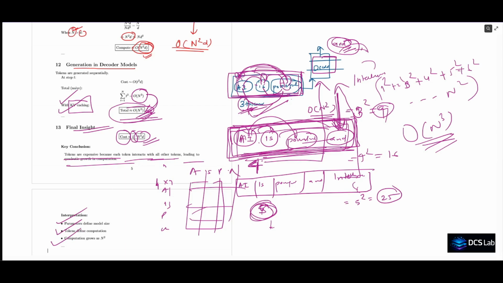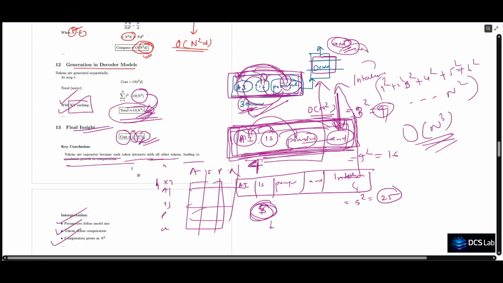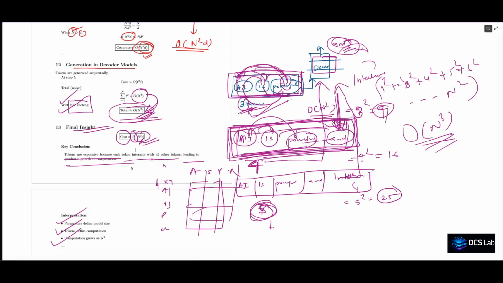So every token you generate adds not just one unit of work, but a growing number of interactions, right? Because for every token generated, you have to calculate the attention with all other existing tokens, and that's why tokens decide cost in LLMs, right? Hence, the cost depends upon the number of tokens, which is n. So if you don't control tokens, you don't control cost.